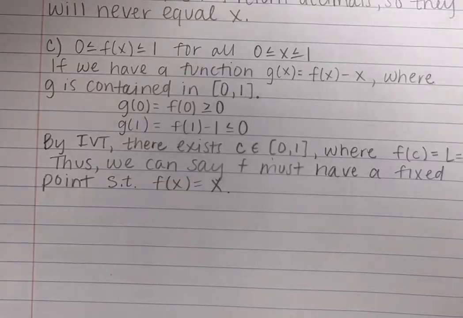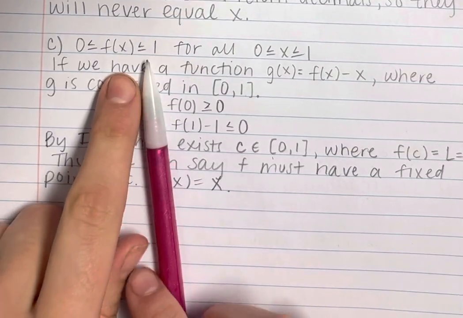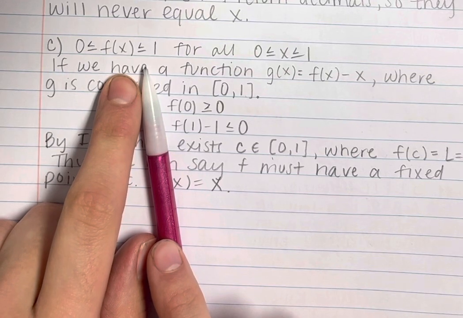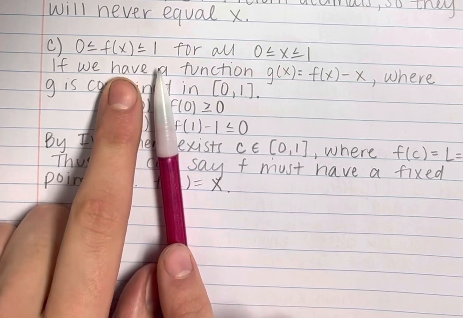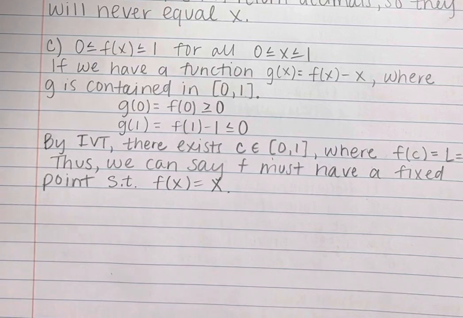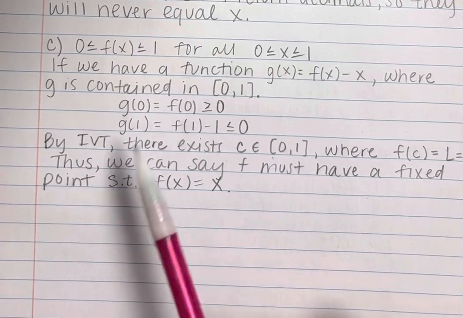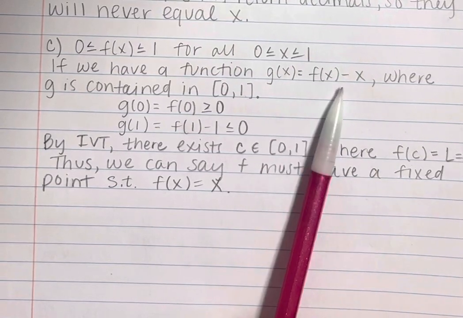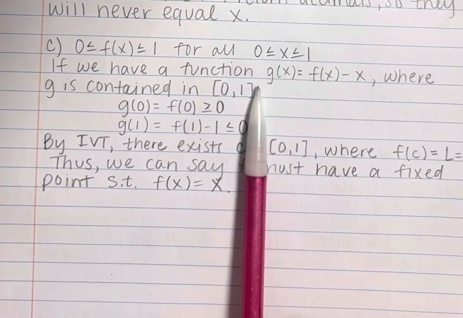For C, we have to prove that f must have a fixed point. Well, if we take a function where we take our f of x, we're going to equal it to 0, which is going to be our function.